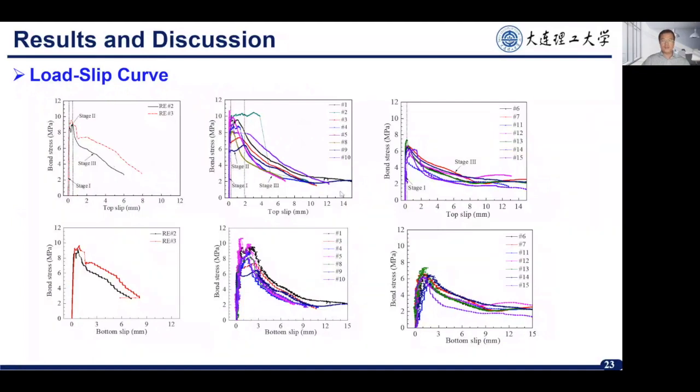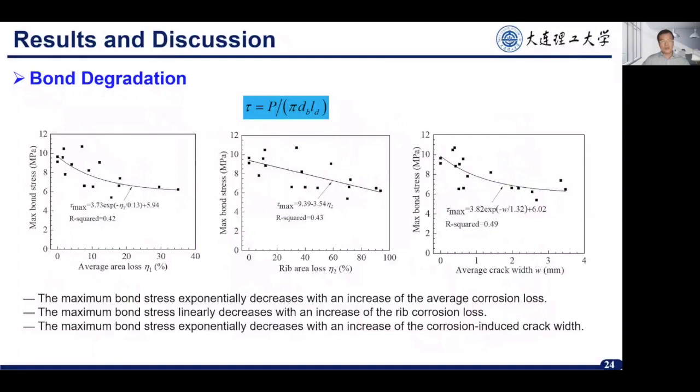Similarly for this one, there are also 3 stages. However, for severely corroded specimens, there are only 2 stages, stage 1 and stage 3. And we calculate the bond strength, actually the maximum bond stress, by using this equation.